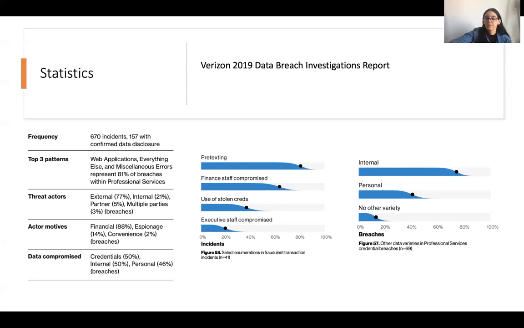A statistic that I definitely wanted to point out, which I found pretty alarming but also not surprising, because this is a common theme I'm finding, is that executive staff were compromised in 20% of the incidents, and they're 6 times more likely to be a target asset that is compromised in professional service breaches than in the media industry, according to Verizon.